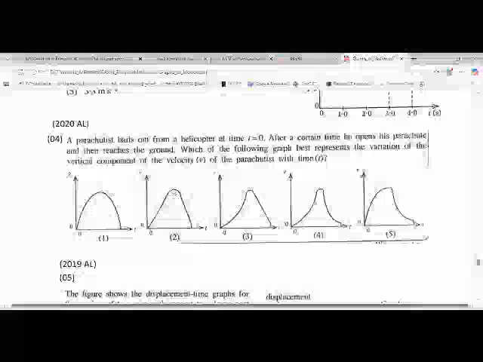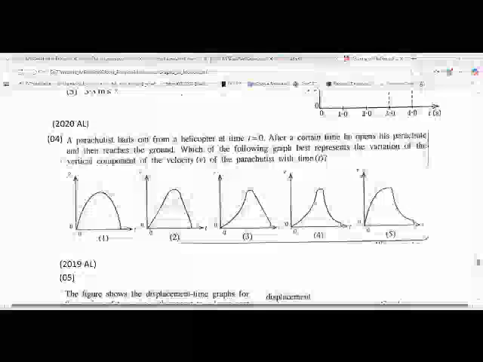Then, as I told, the parachutist may be moving in this direction, like this. But we consider his vertical motion. We consider only the vertical motion.